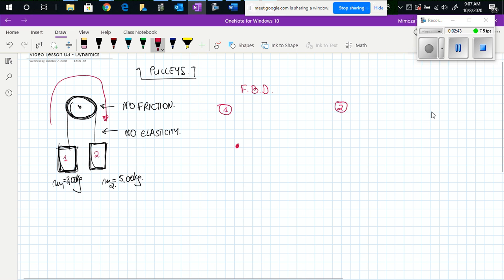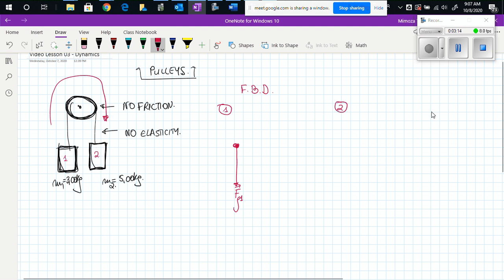The object of our interest, in this case object 1, is represented by a dot, where the whole mass of object 1 is concentrated. We start with the universal force, the force of gravity. And just to make sure that we are talking about object 1, I write the index 1 here.